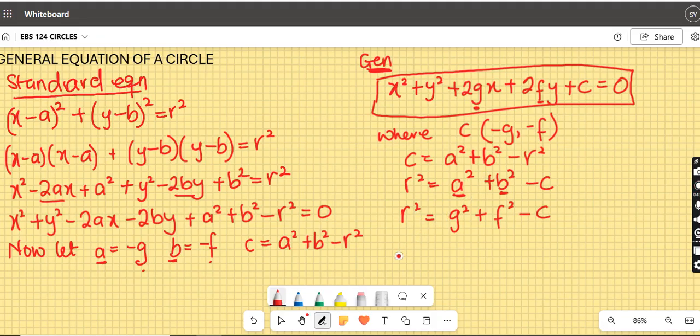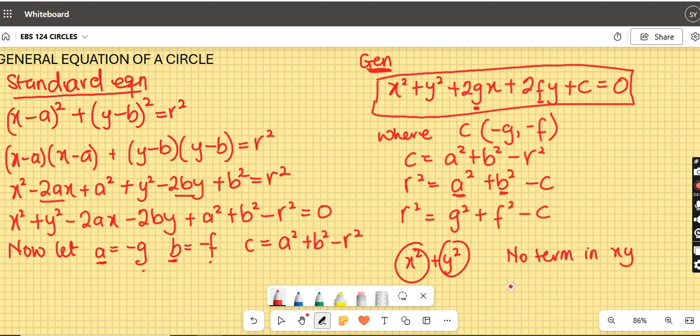Now, one thing we should take note of for equations of a circle: x² and y² have the same coefficients. If it is 1 for x², it should be 1 for y². Another thing we should take note of, there is no term in xy.